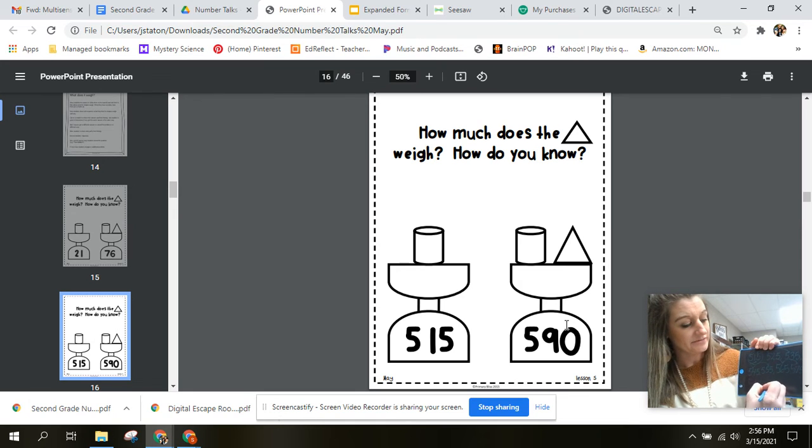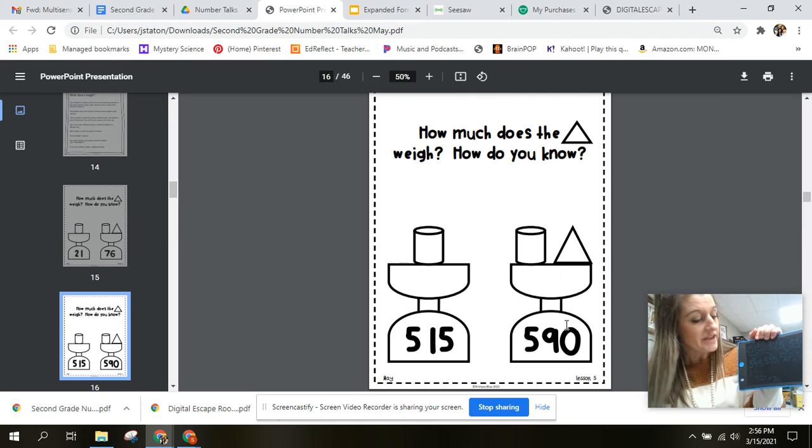We just added 70. Now, if I'm at 585 and I need to get to 590, I know 5 more makes the next 10. So we've added 70, and we've added 5. How much did we add? 75.